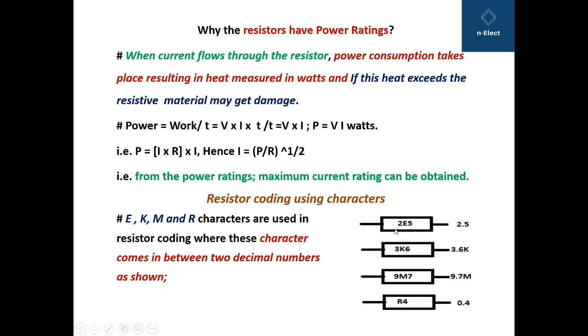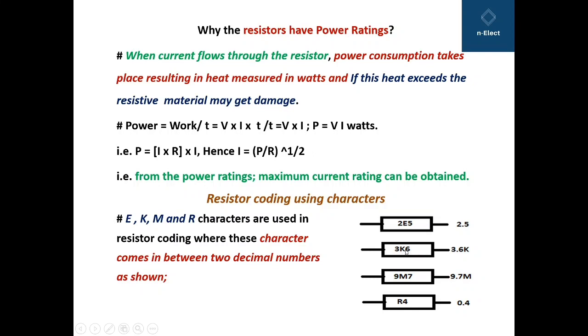And how do they define it? See, if it is written 2E5, then E stands for the decimal point, so it will be a 2.5 ohm resistor. Then comes K. K has got the usual meaning, 3K6. Now K comes in between. It is not 36K.